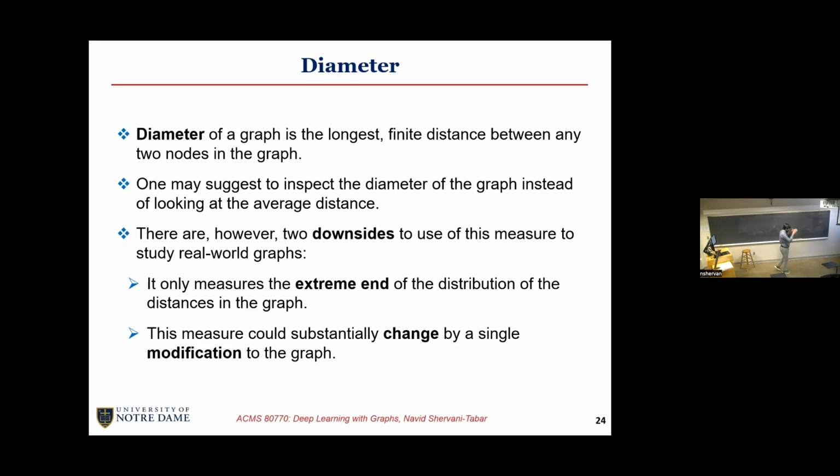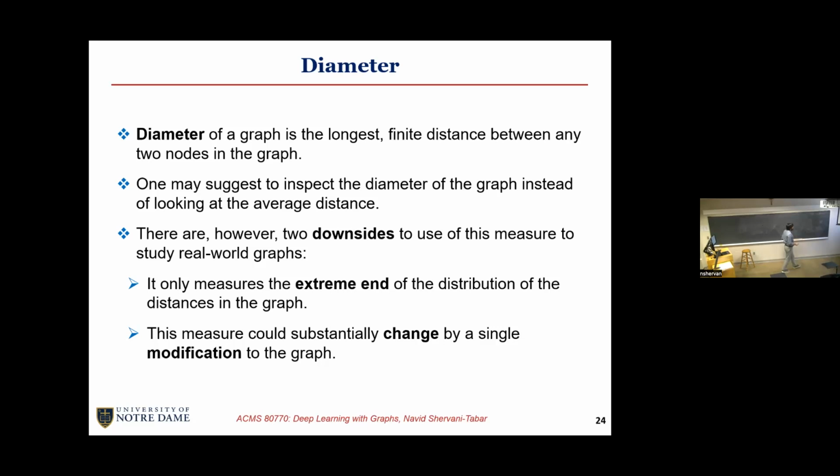So if you have this distribution over all the i,j's that represents your distances throughout the graph, diameter is basically the most extreme one, right? So that might not really give you an indication of the average behavior in the graph. So that might not be the most ideal item to use.